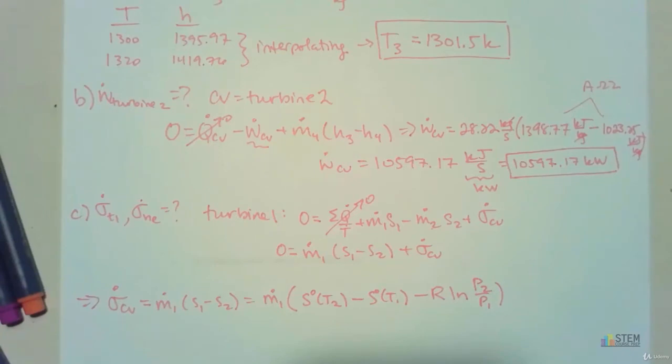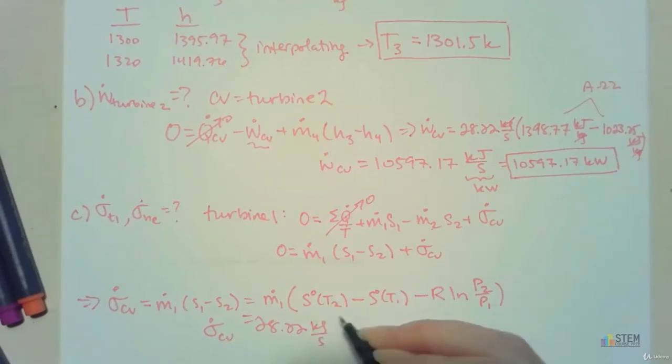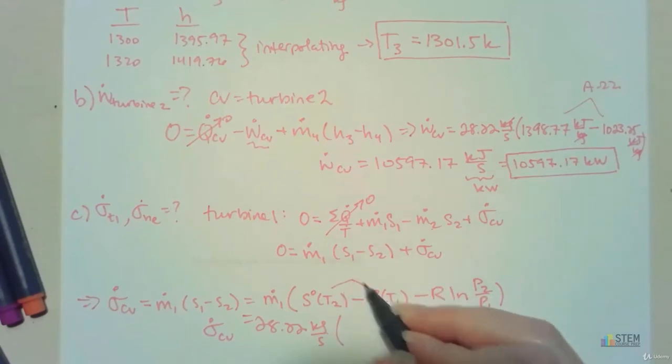So now we just need to plug in values. Okay, so we're going to stick with this second part of the equation. All right, so m1 dot was 28.22 kilograms per second. We're going to multiply that by the values that you get out of table A22. That's the ideal gas table.